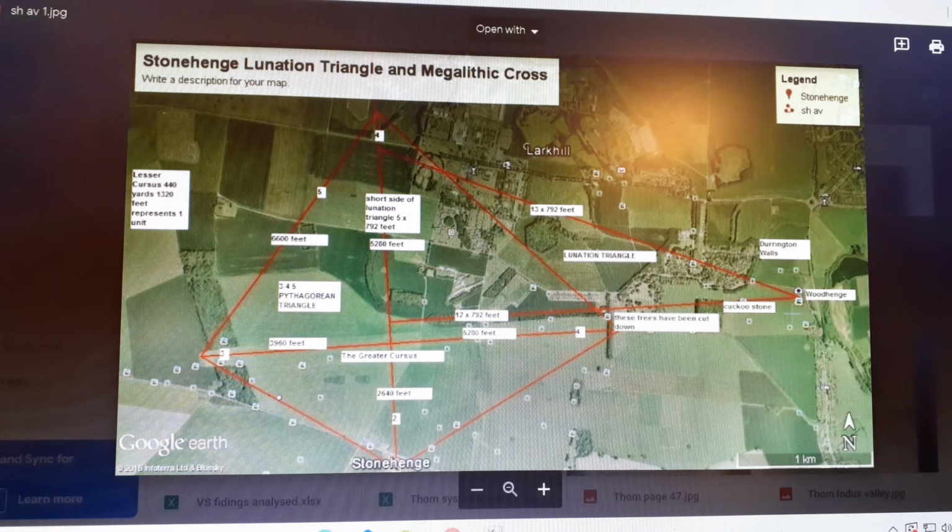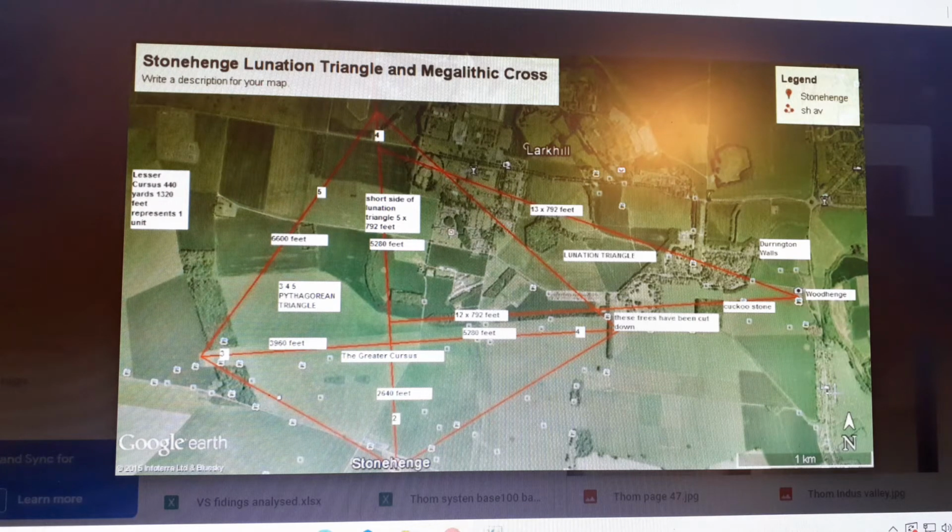Now, there is no way that I could have possibly fudged this or produced this by any kind of attempt to manipulate the whole model.